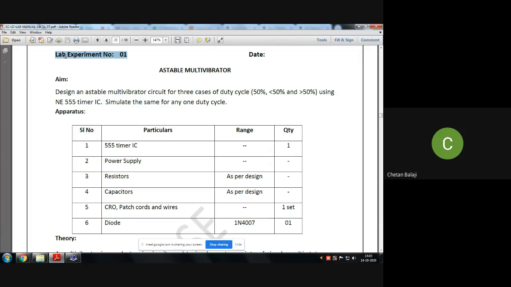Take up the question. Design an astable multivibrator circuit for 3 cases of duty cycle using NE555 timer IC.